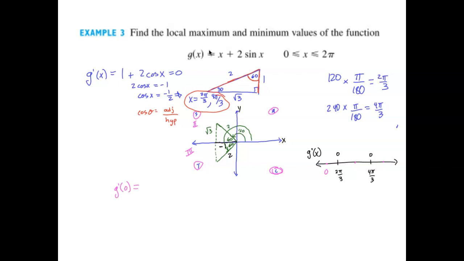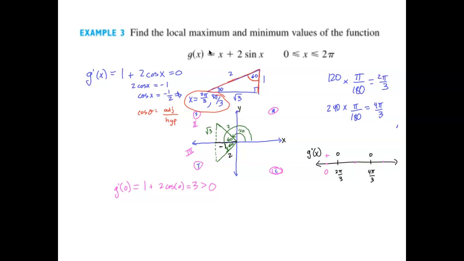Well, that's 1 plus 2 times cosine of 0. Cosine of 0 is 1. So that's positive, right? And again, all I really care about is whether I'm getting back a positive or a negative. So you could use your calculator on this. I don't care what the value is at this point. I just care whether it's positive or negative.